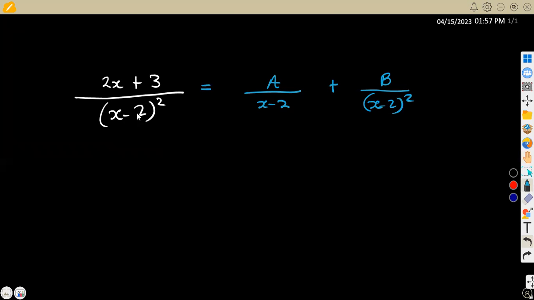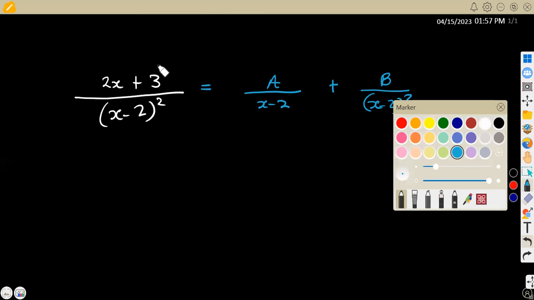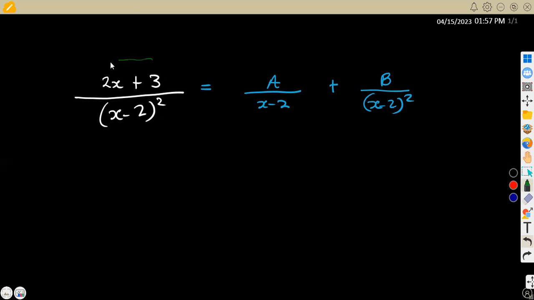We can actually simplify by equating our numerators, because we have here our 2x plus 3, which can be equated to these numerators to formulate an equation. So that means 2x plus 3 is equivalent to our first term, A into x minus 2 squared divided by x minus 2.